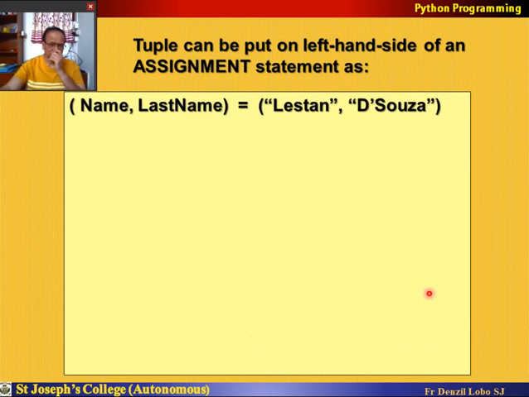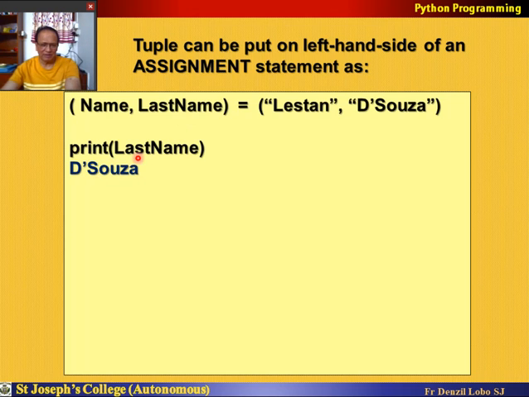So let us see. A tuple can be put on the left hand side of an assignment statement. So this is an assignment statement. This tuple contains two names, name and surname. I can say name, last name, and immediately, as you see, print last name is going to print D'Souza, because D'Souza is assigned to last name.